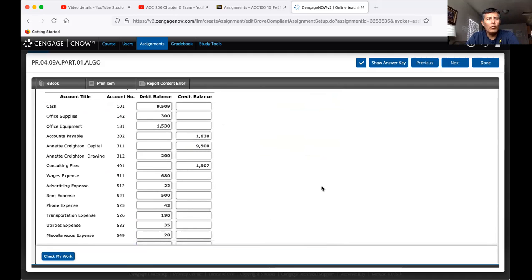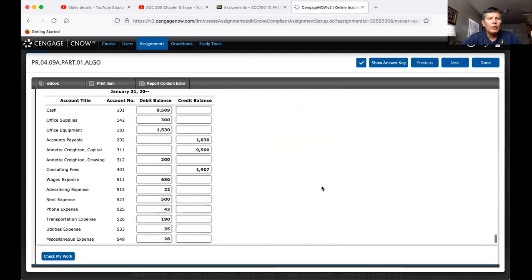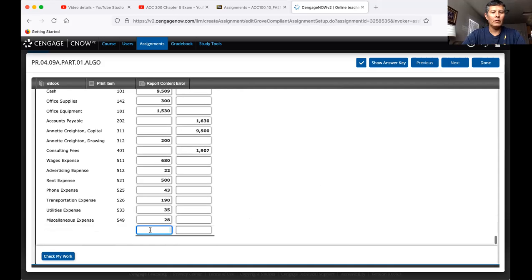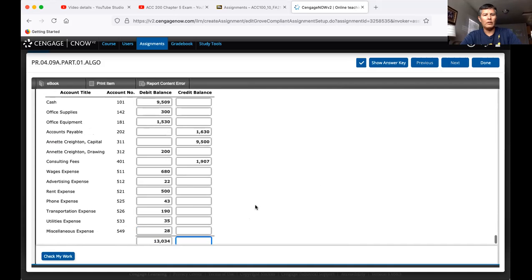Okay, so now we're going to see if it balances. So 9506 plus 300 plus 1530 plus 200 plus 680 plus 22 plus 500 plus 43 plus 190 plus 35 plus 28 gives us 13,034. Okay, we got to see if this other side adds up to that.